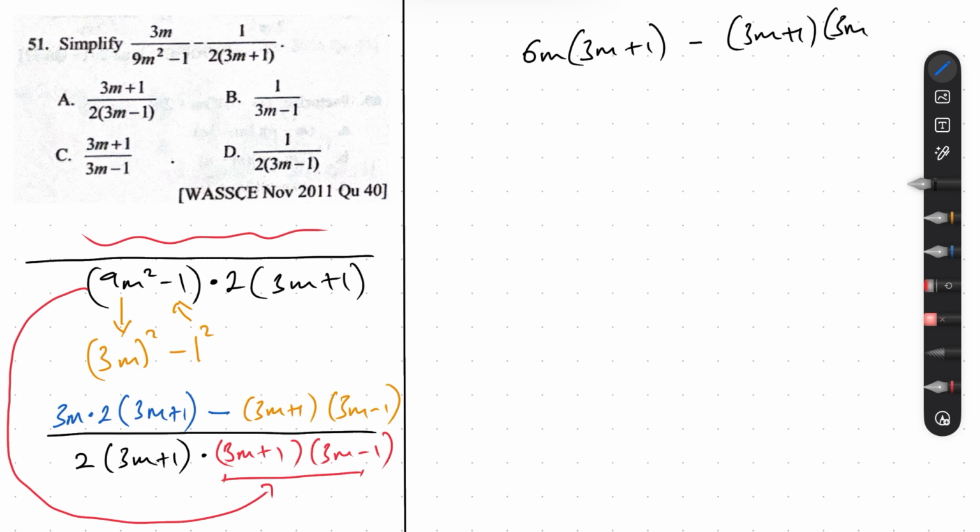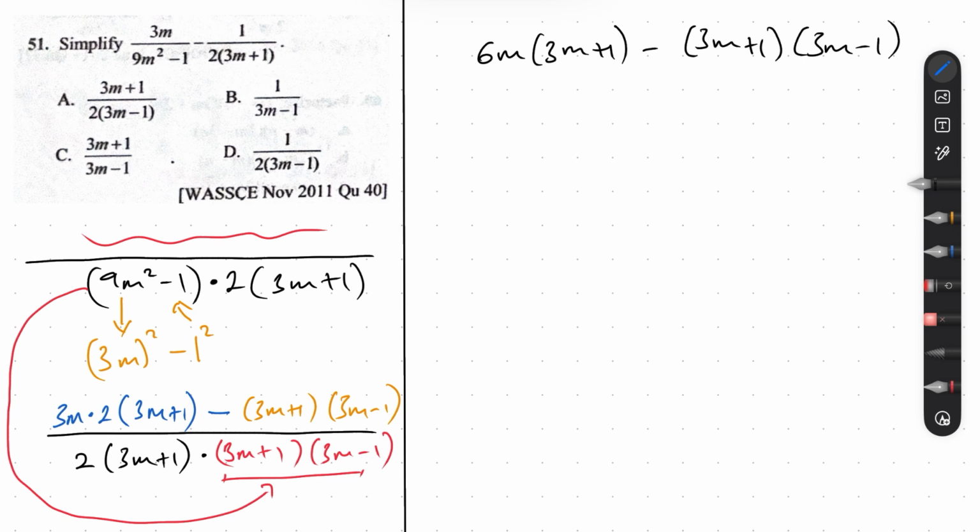Actually, let me write this properly so you can see it. We have 6m multiplying 3m plus 1 minus 3m plus 1 multiplying 3m minus 1.